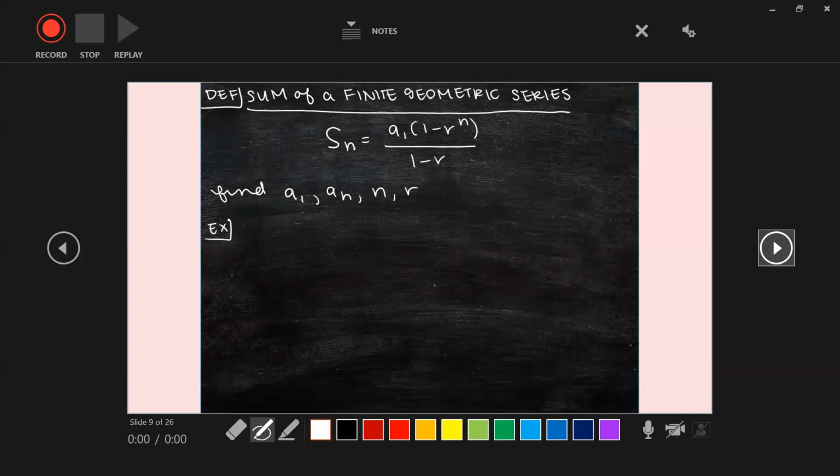So let's do an example. Our instructions say, what is the sum of the finite geometric series?